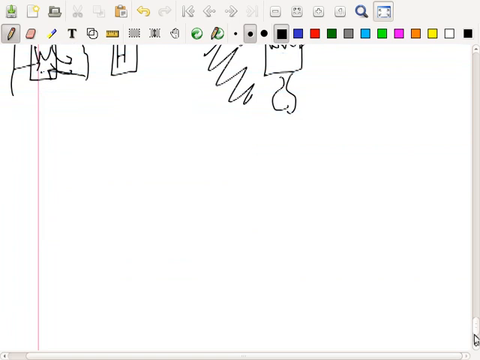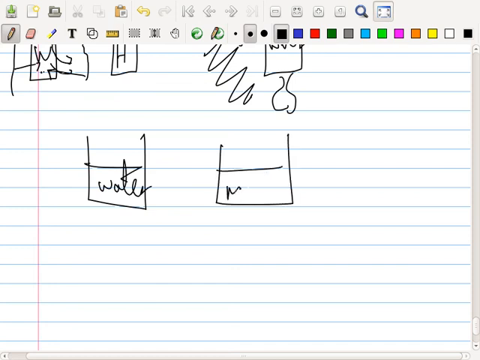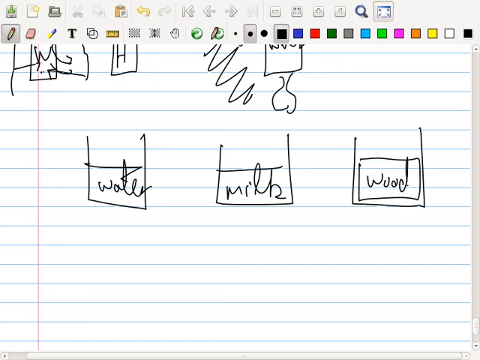Now, we're talking about putting heat inside of something. So here we go. Here's water, I don't know, milk. And let's say wood. And then let's say metal, let's say iron.